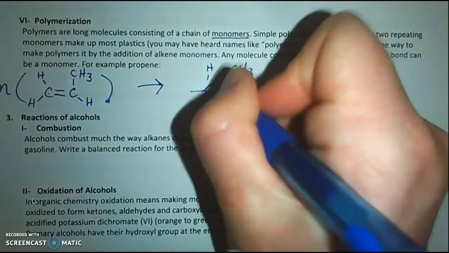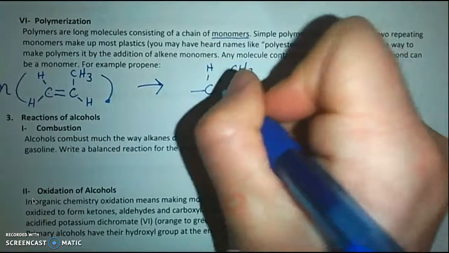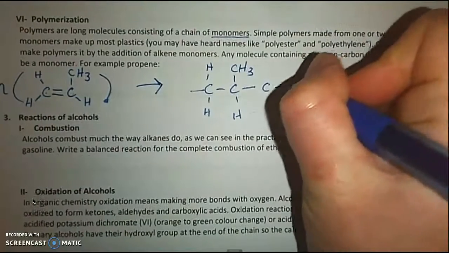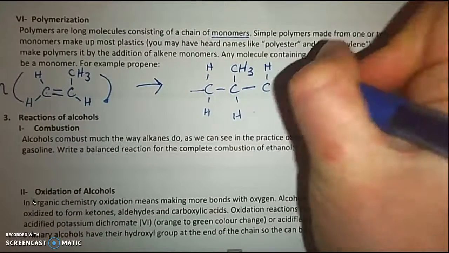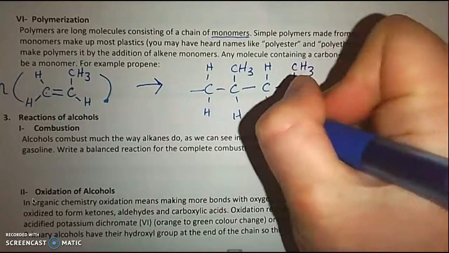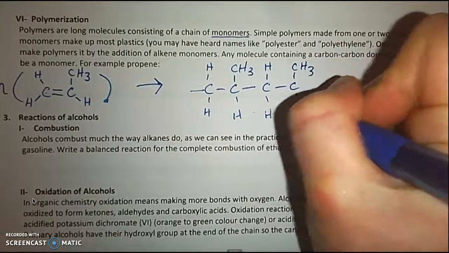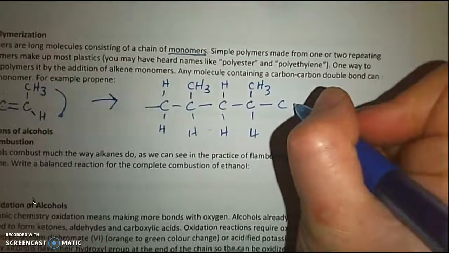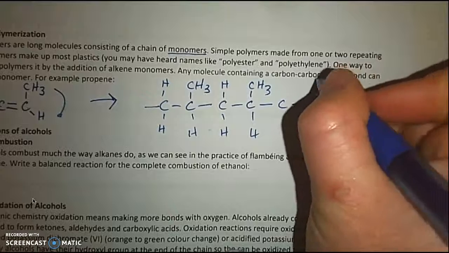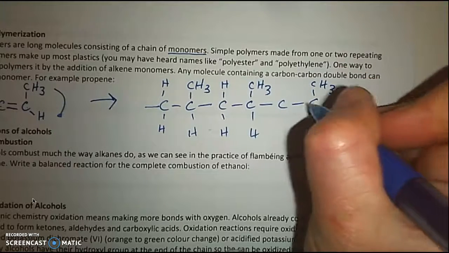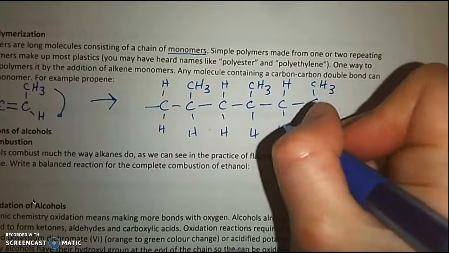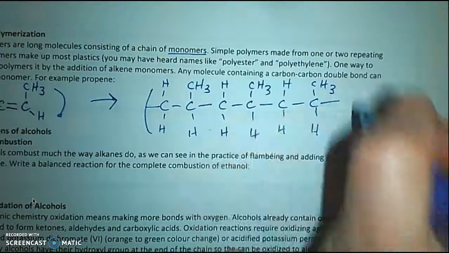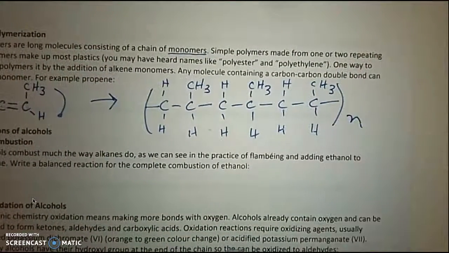The electrons that made up that double bond can be used on either side to connect it to another propene. And I'm going to draw a third unit here just to give you the idea. So this is three units of propene, but it could go on forever.